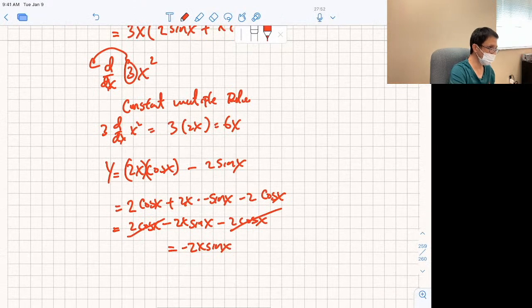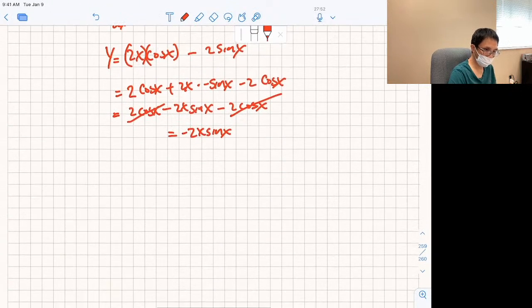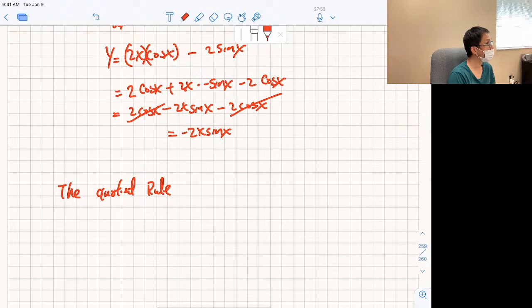Okay, next thing is called the quotient rule. So we know something times something is fine, but what about something divided by something? So the quotient rule here is this. What? That's your favorite rule? Okay, good. A lot of times they use an acronym to help you.